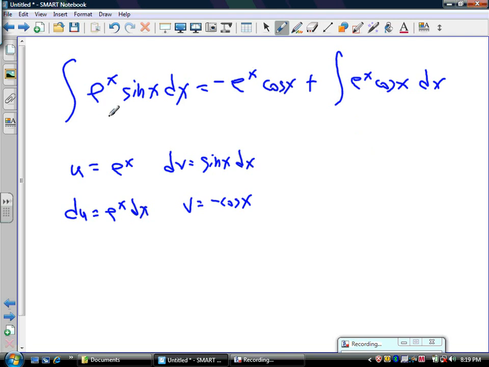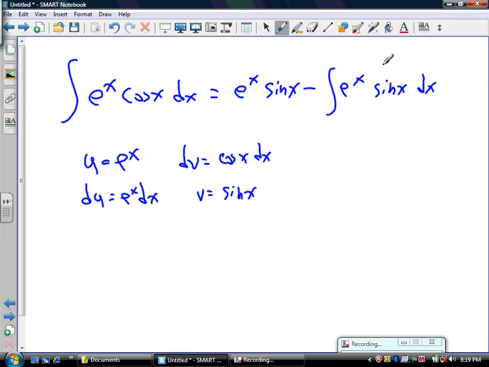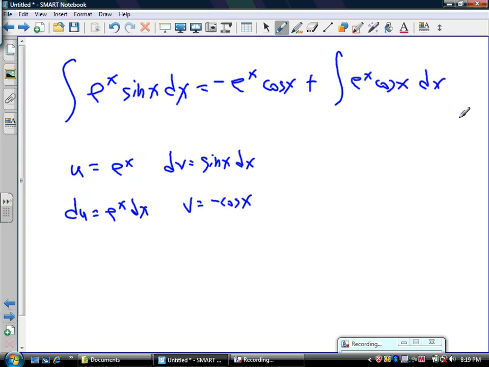The antiderivative of e to the x sine x dx is this mess, right? I'm going to replace it for this, and take this and replace it. Subtract that stuff. How do you subtract the negative? You add a positive. How do you subtract the positive? You add a negative. So this is positive, this is negative when I subtract it, right?